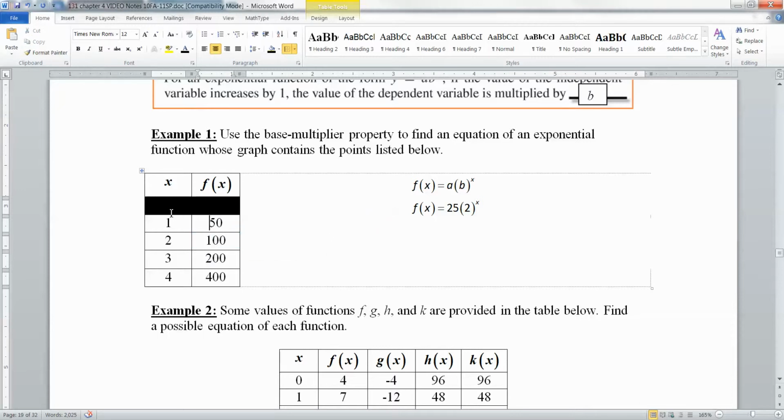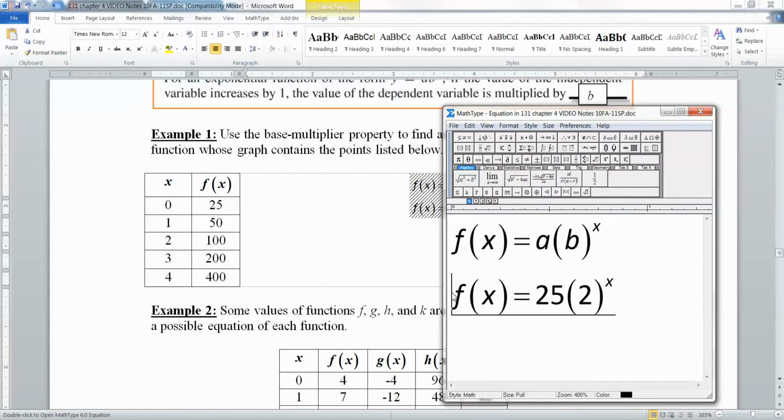So that means you could figure out what the top number would have been. It must have been 25, right? And you can figure it out even if it wasn't given to you in the table. Again, if you multiply by 2 to work your way down the table, then you can divide by 2 to work your way back up.